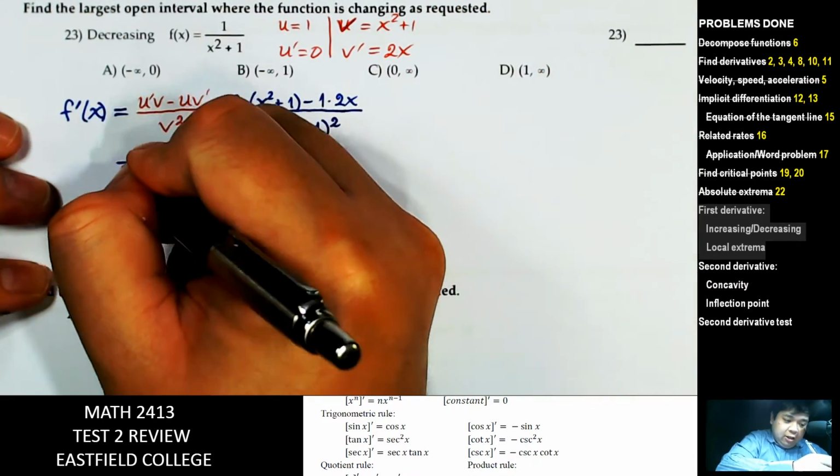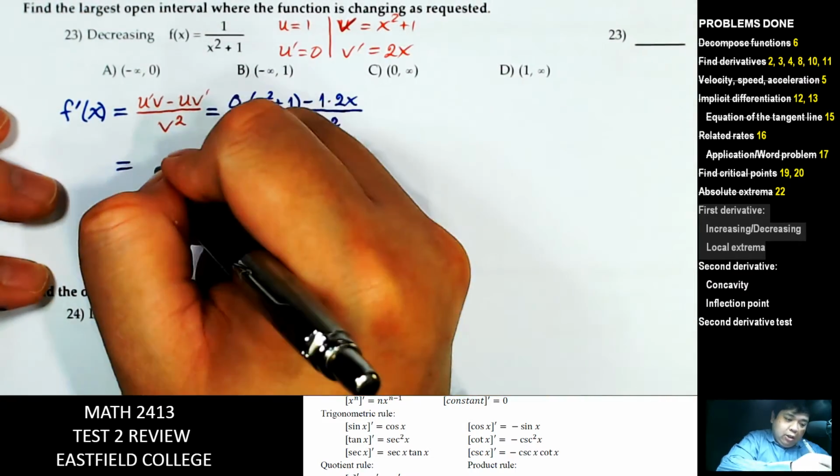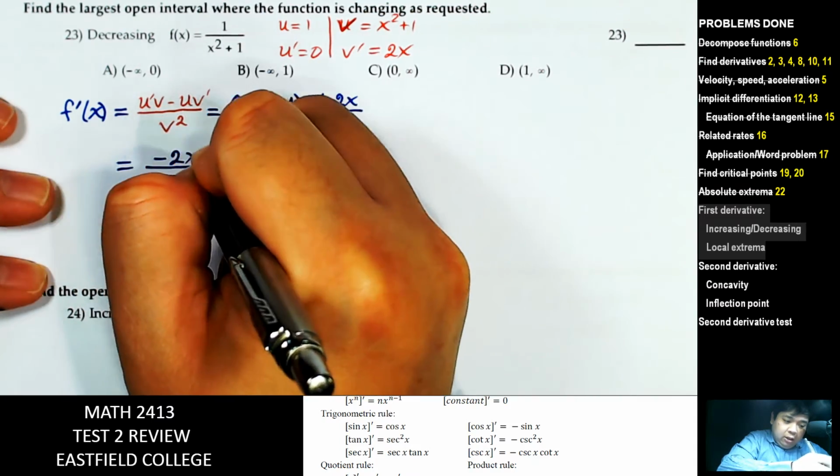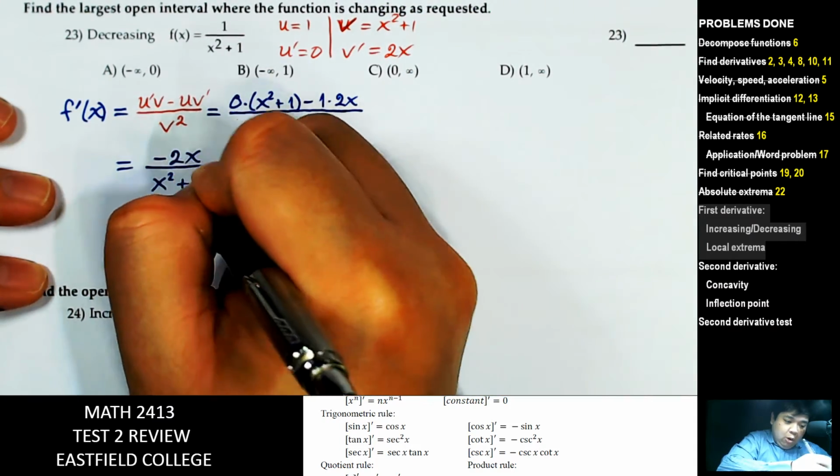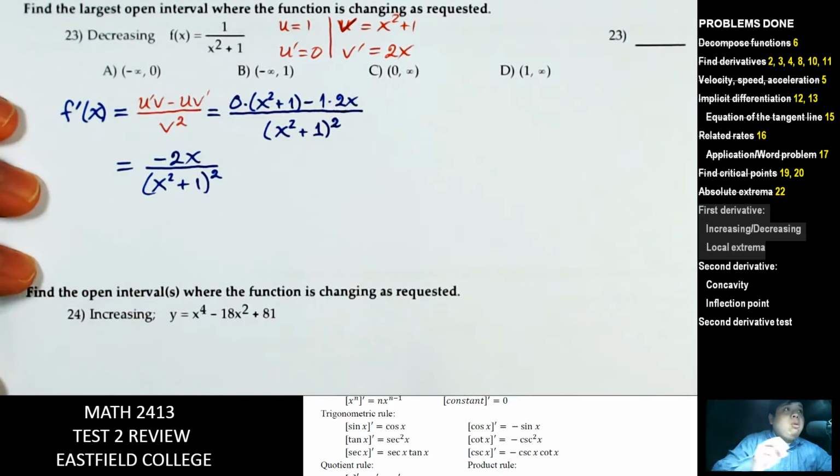Simplify this. We will have 0, so negative 2x on top, and x squared plus 1, squared, at the bottom.